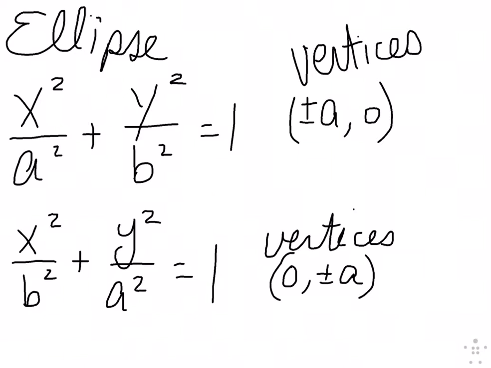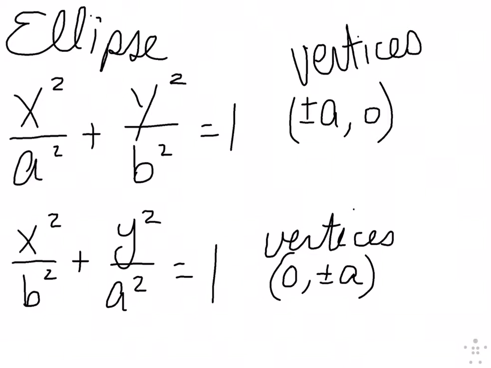Because if you notice, the a on the bottom equation is underneath the y. Does that make sense? So if the bigger number is underneath the x, then the vertices will be in the x. If the bigger number is underneath the y, then the vertices will be in the y. Meaning, you'll go farther on the y or the x, depending on if it's bigger or smaller.